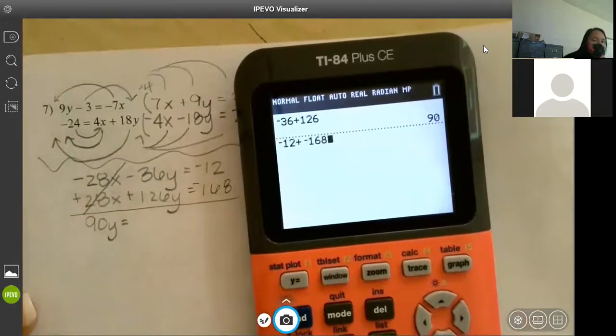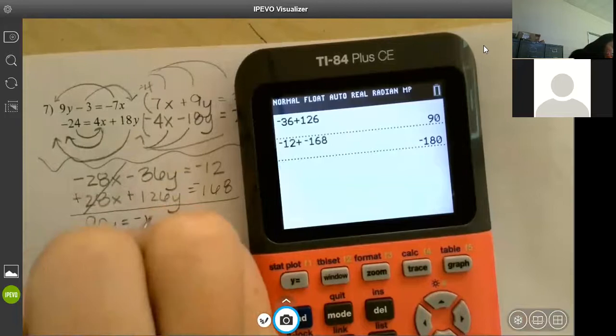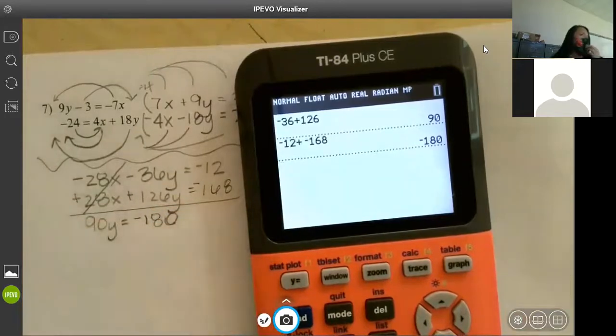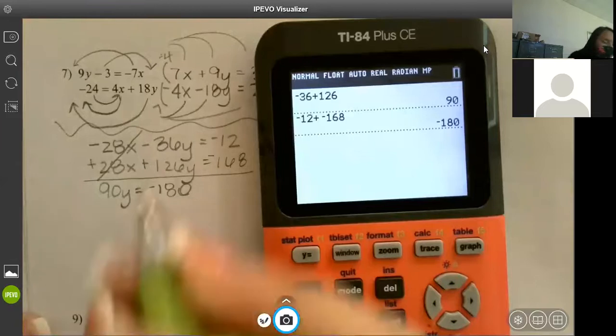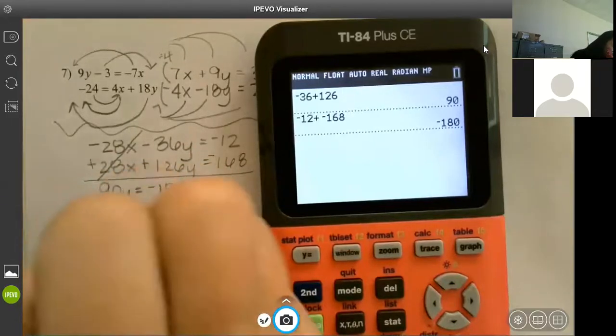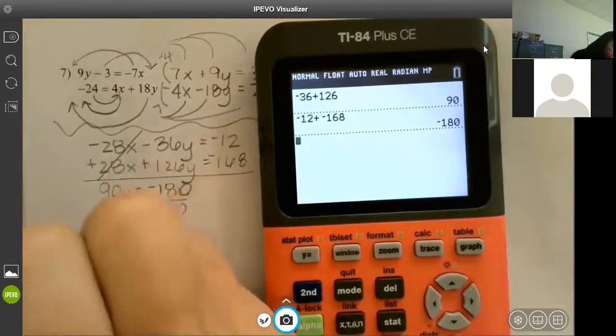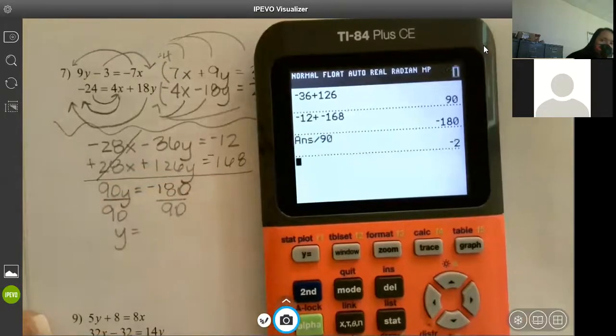Negative 12 plus negative 168 gives us negative 180. How do I solve? Divide by 90. And we get negative 2.